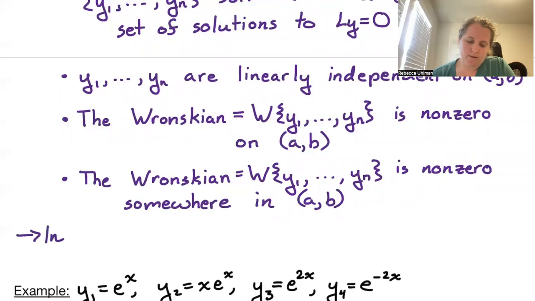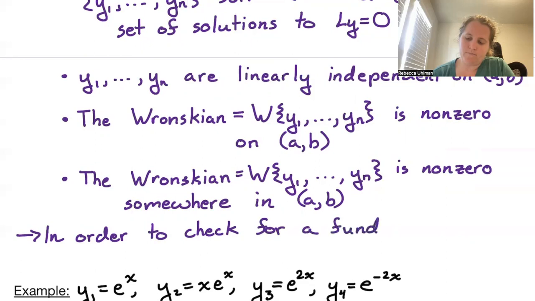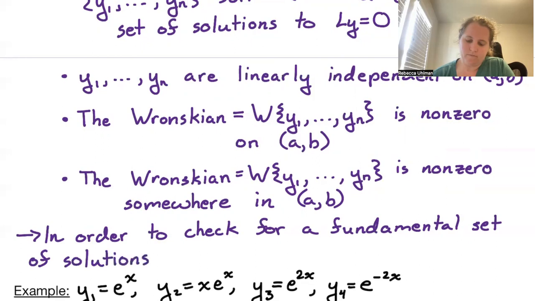So in order to check for a fundamental set of solutions, we just need to check the Wronskian at one point.